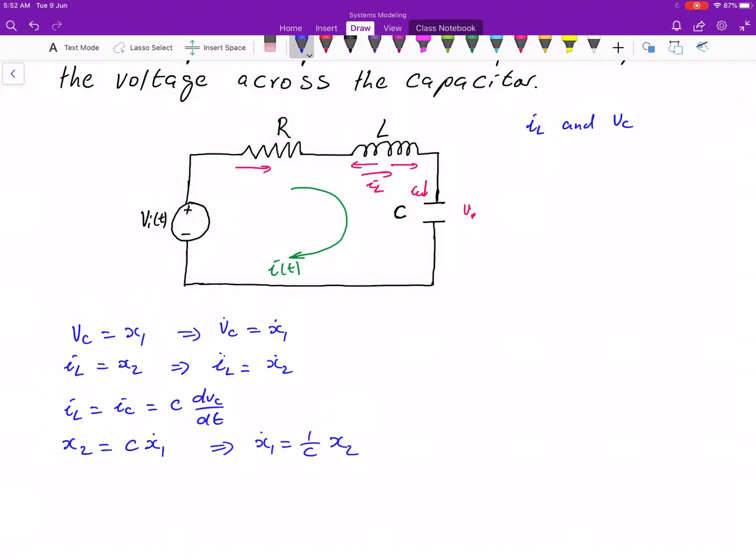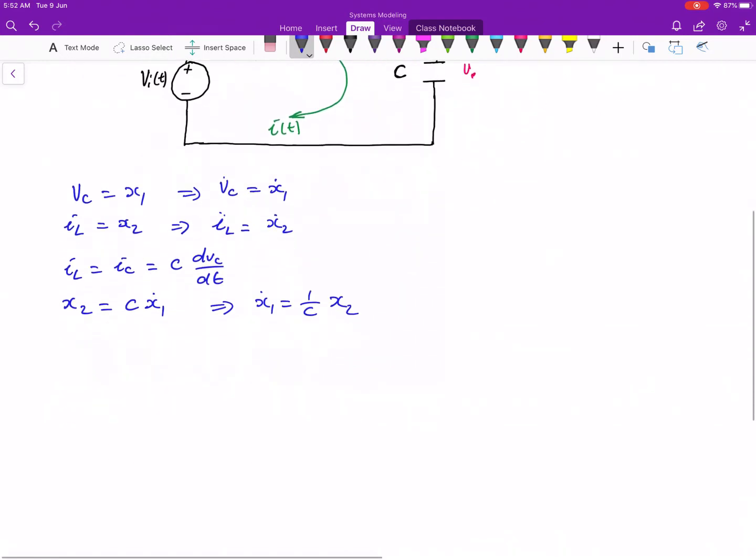The next part of the equation, we need to solve this circuit using our KVL. From KVL, we have our input voltage equal to the voltage across the resistor, and I'm going to use IL, because IR is not part of our state equation.